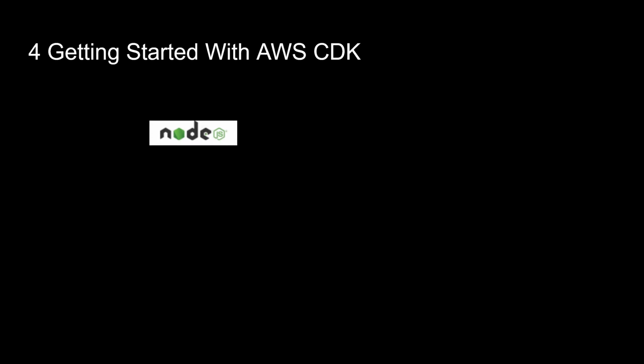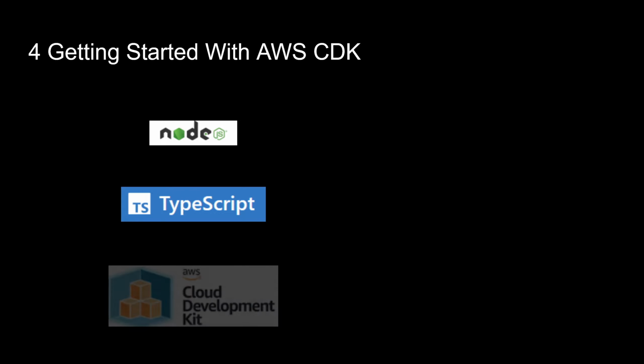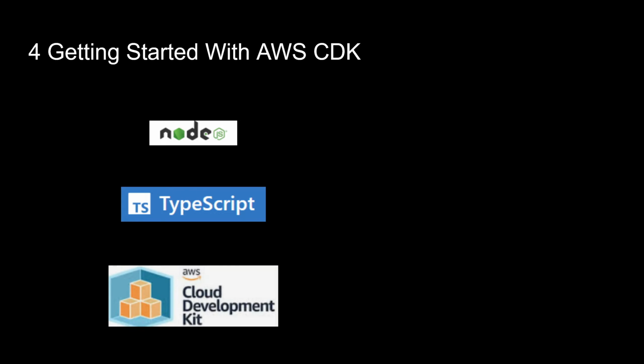Node.js. The CDK CLI runs on Node, and the CDK libraries are published as Node packages. TypeScript. You'll need the compiler to convert .ts files into JavaScript. The AWS CDK CLI, which you can install via npm.